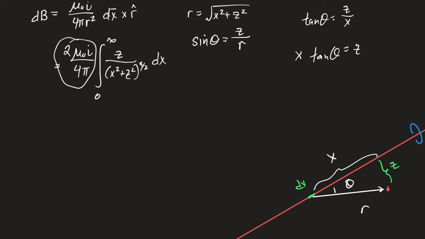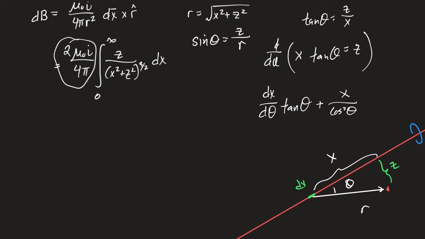If we use the multiplication rule, can we do d theta of that? It's the derivative of the first times the second plus the derivative of the second times the first, right? So derivative of the first times the second would be dx d theta times tan theta, plus the derivative of the second times the first is going to be x over cosine squared theta, right?